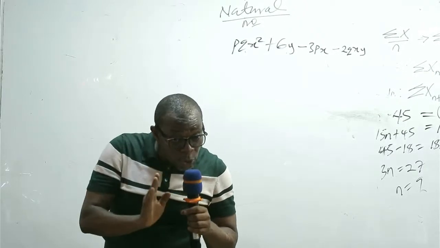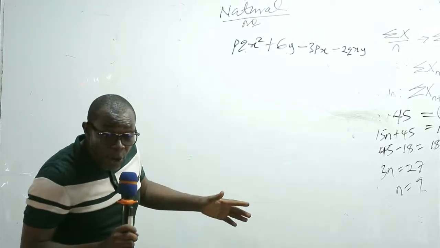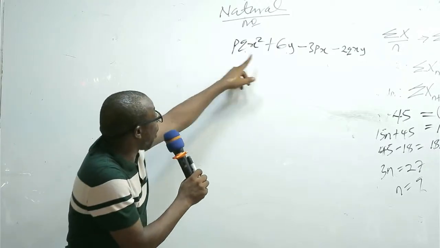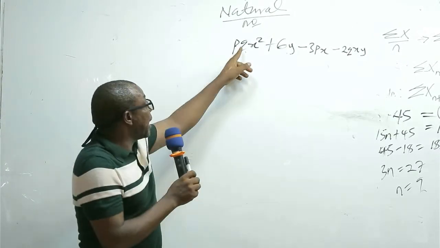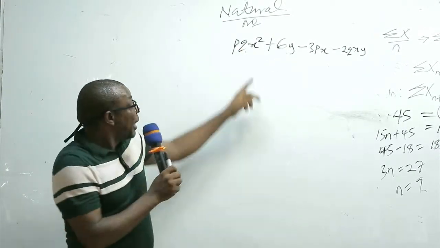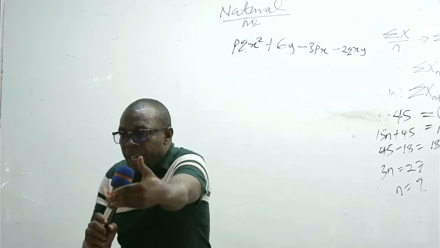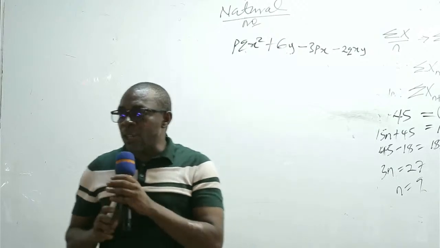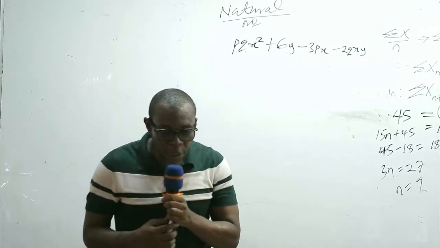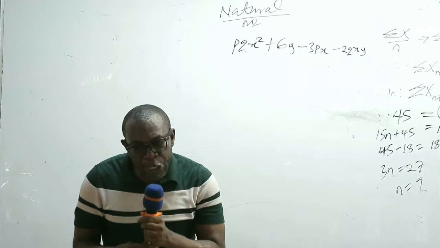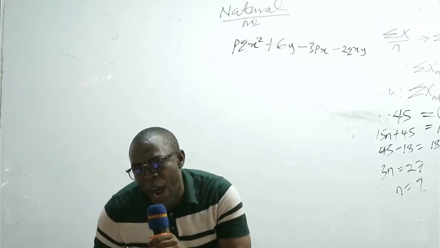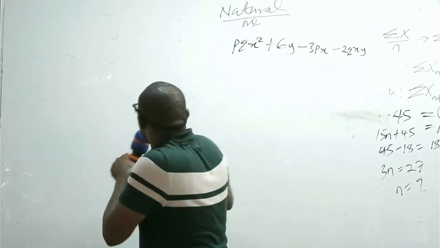Look here now. There is p here. Do I have p here? There is q here. Do I have q here? There is x here. Do I have x here? Do they have anything in common? Since they don't have anything in common, you have to regroup. So regrouping.